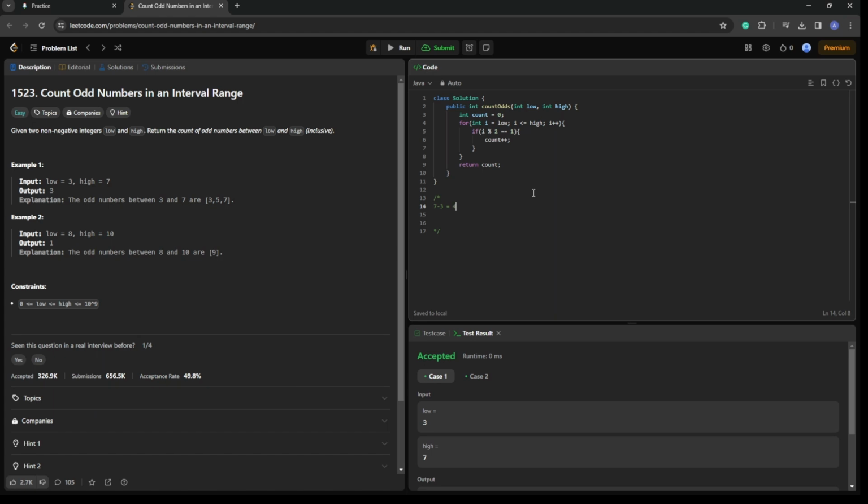We know that 2 of them are included, so it might have something to do with even and odd. Seven's an odd number, right? So we know 7 and 3 are already odd, so that means we already have two values. We do 7 minus 3, which is 4. We know 7 and 3 are already included, so that takes 2. That means you have two values in between, so you can only get 1, and that gets you 3.